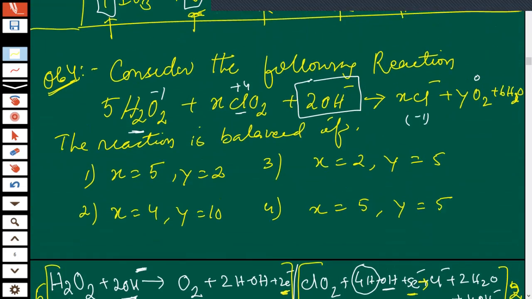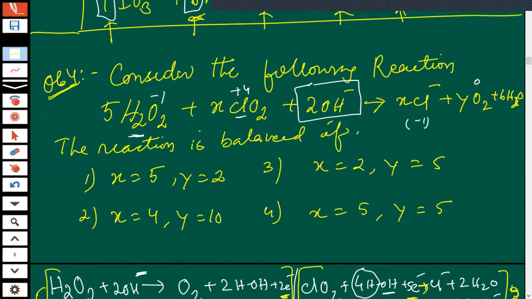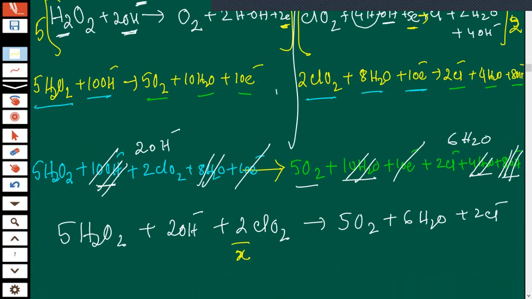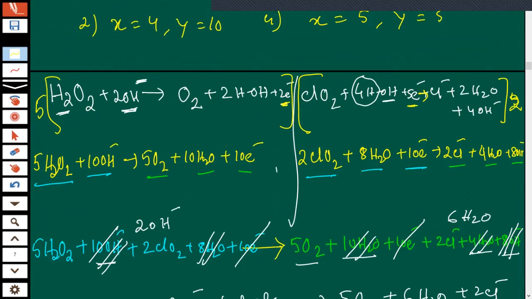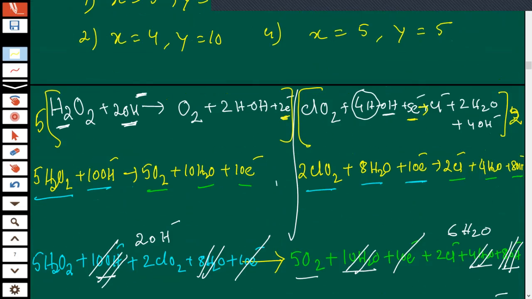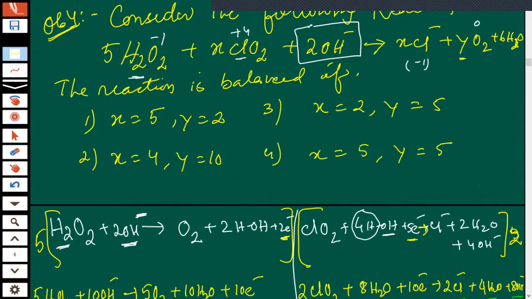X equals 2 and Y equals 5, right? So this is wrong, this is wrong, this is wrong, this is correct.